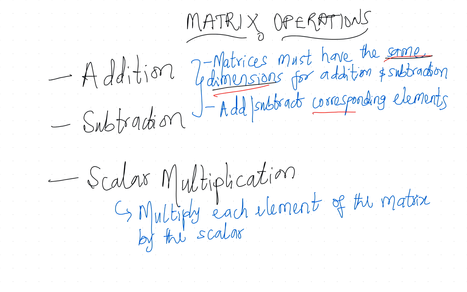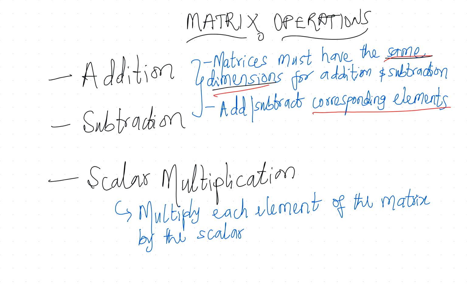And then, talking about scalar multiplication, we multiply each element of the matrix by a particular scalar quantity. A scalar quantity is simply a number, an integer, a fraction, any number like that.